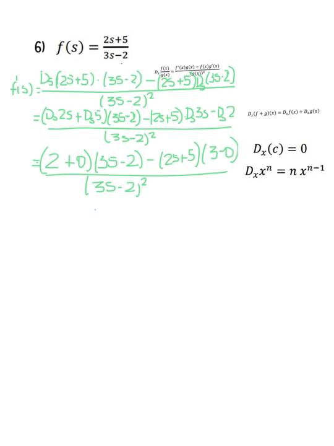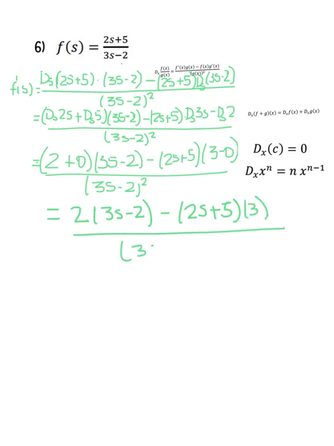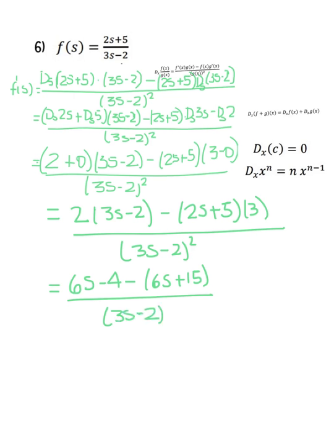So this will then be equal to 2 times 3s minus 2 minus 2s plus 5 times 3, over 3s minus 2 squared. By doing the product, I get 2 times 3s, 6s, minus 4, minus 6s plus 15, over 3s minus 2 squared.